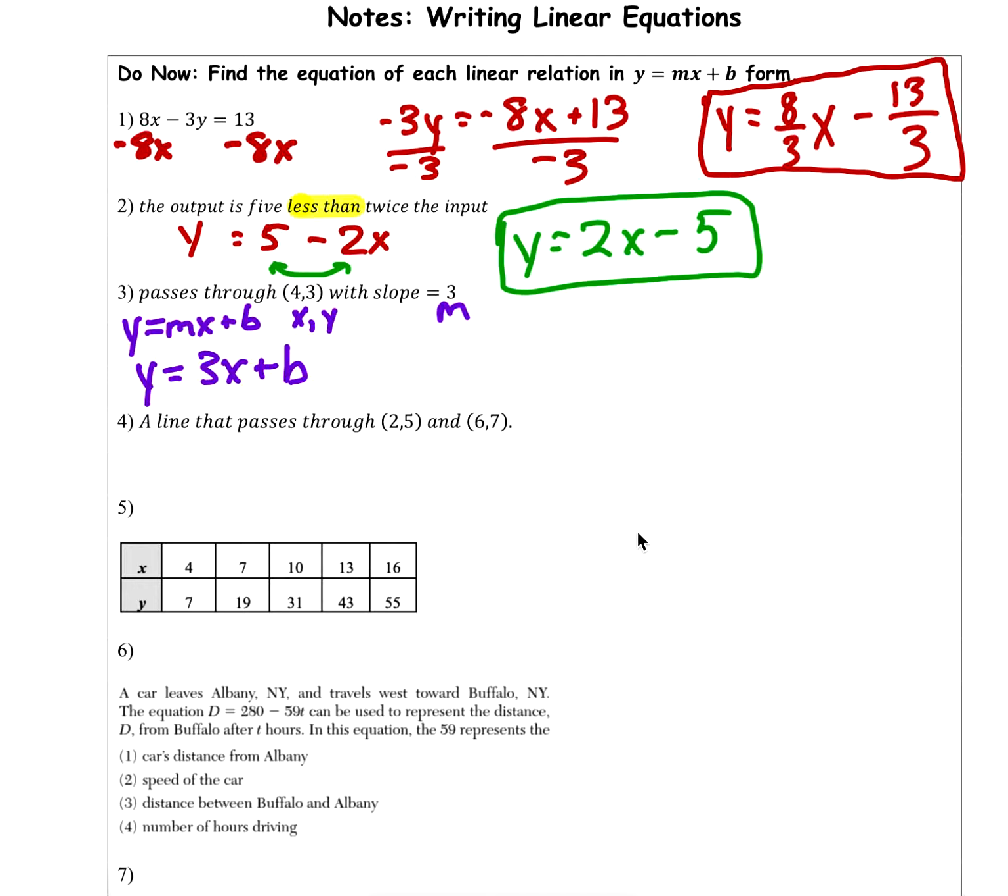So that would now be 3 equals, 3 is coming from the y coordinate in the point, 3, that 3 is coming from the slope, times x, which is 4, plus our unknown y-intercept, which is b. So I'm going to continue to solve this, and you're going to get b is equal to negative 9. So we have our slope, we have our y-intercept, we can now write our equation, which would be y equals 3x minus 9.